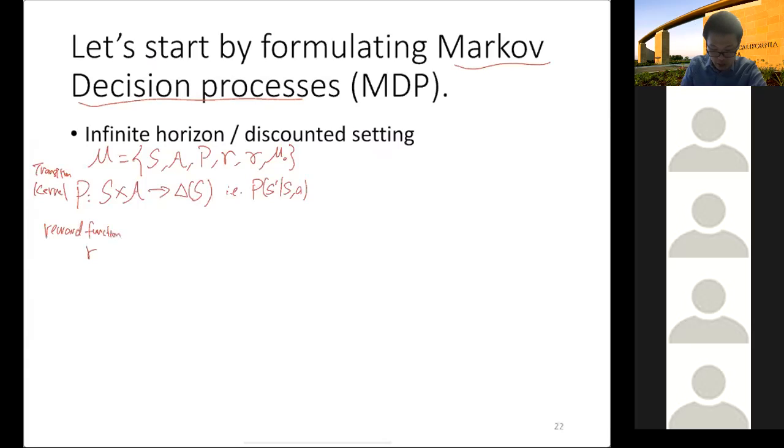Reward function R is a mapping from state and action to a real value. For simplicity, let's consider the bounded domain.